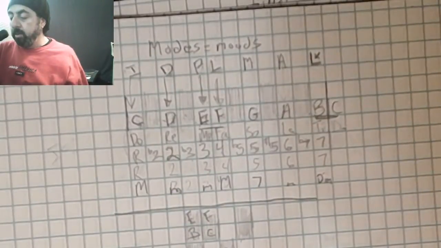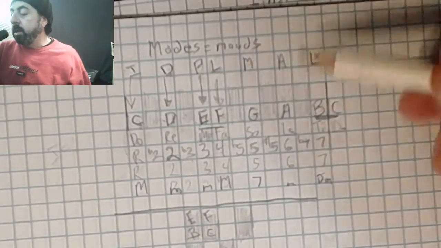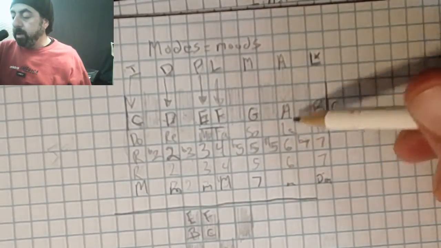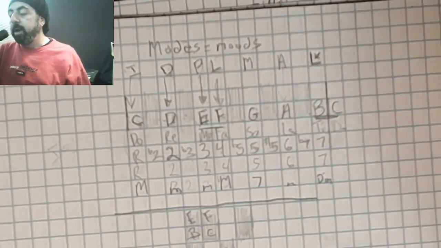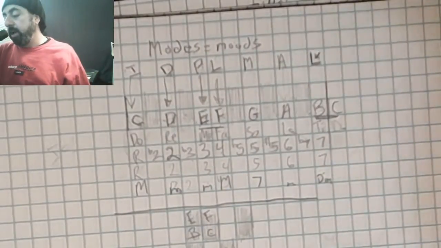So anyways, it eventually changed after it was already created to the major scale, which lined up with the note C instead of the note A. So that's the way I understand that happened.